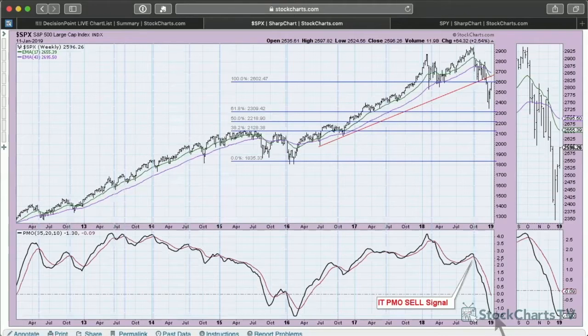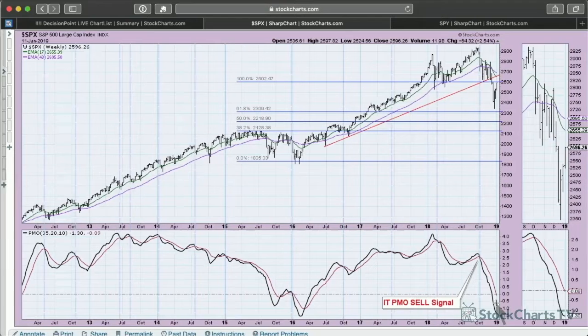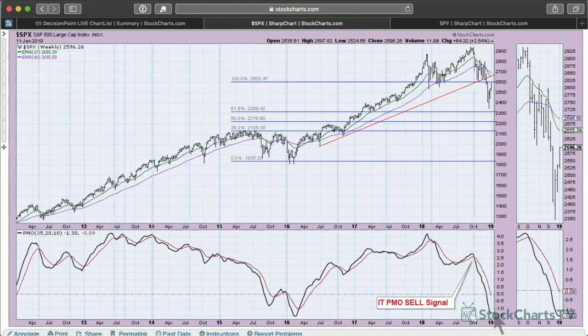And it could turn everything around, you can get a move up to, say, 2,800, which would break a falling trend line. That would be a nice fake out, and we've seen those many times.